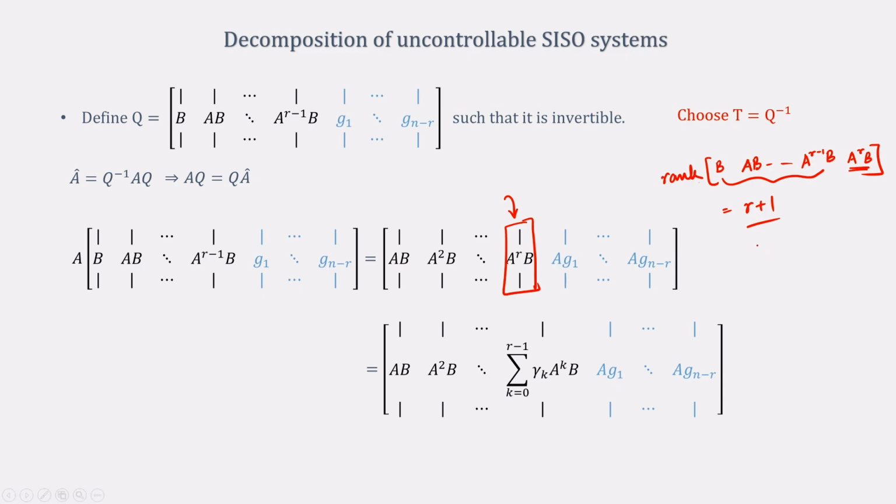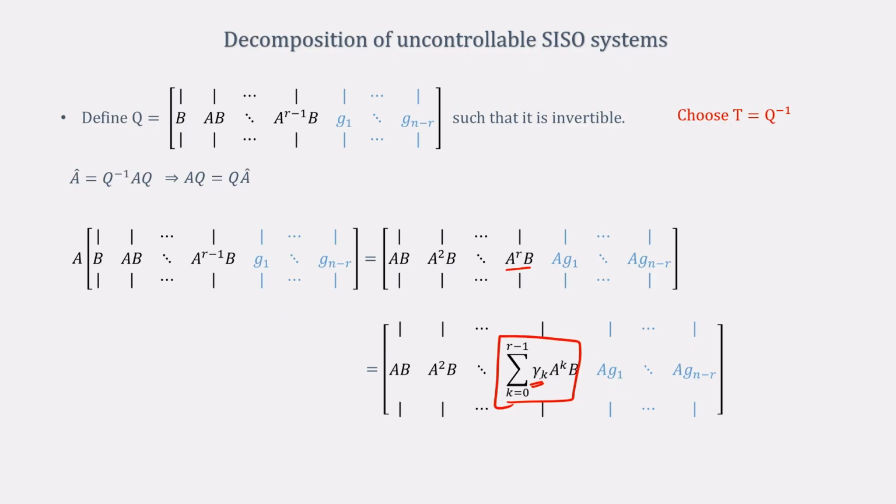But to start off with, we have already assumed that the rank of this matrix is r. So, therefore, A to the power of r B can be written as a linear combination of B up to A to the power of r minus 1 B. Now, I do not know what the linear combination would be, it depends on the values of A and B, but in general I can always write this.